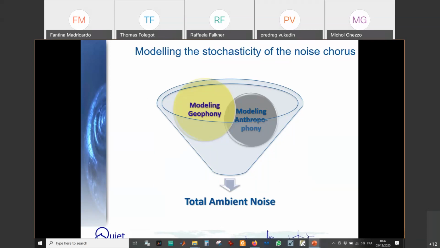Of course, we need to know what activity is on, and sometimes we don't have a full description of that. But we have both components to produce what we call the total ambient noise, which has both components, as when you measure, you measure both components.